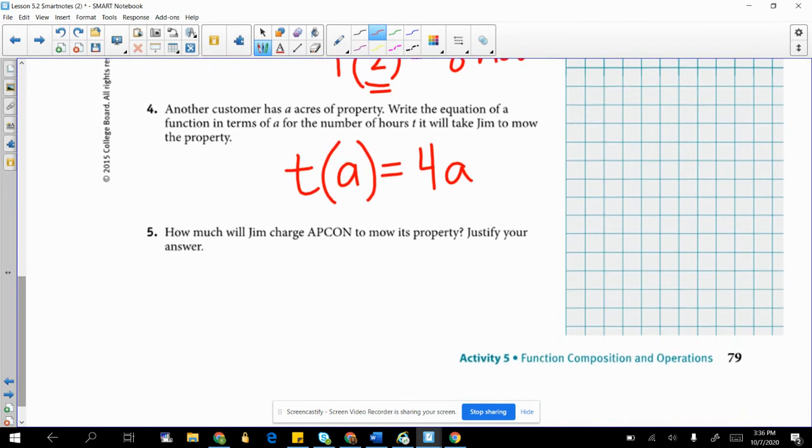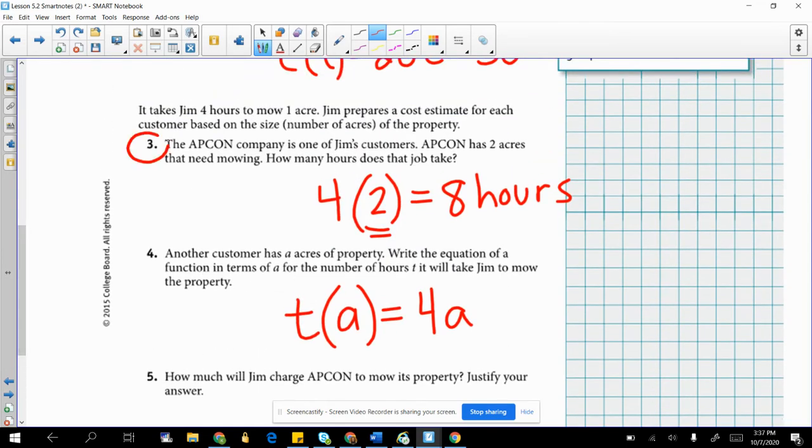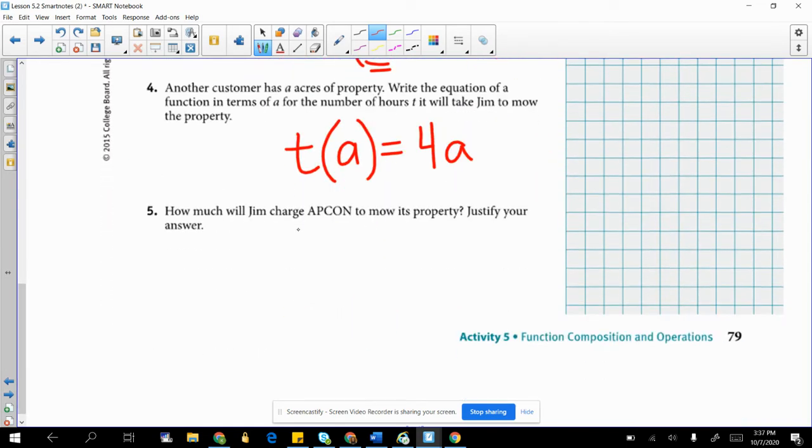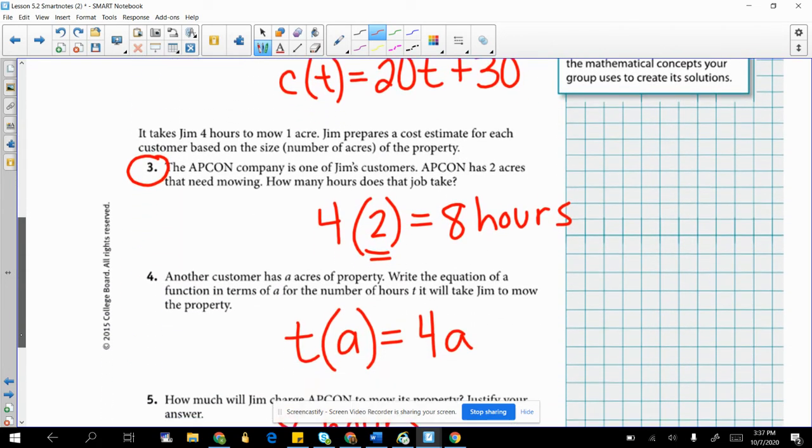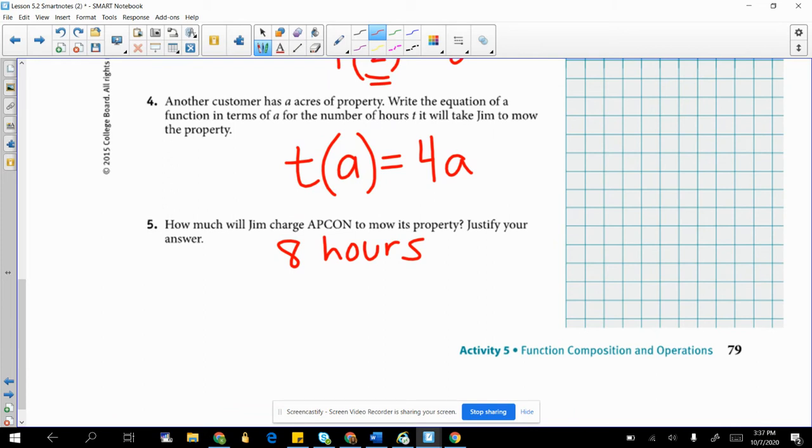Okay, so it says here, how much will Jim charge Apcon to mow its property? Justify your answer. So now we have to kind of think of this, and we first have to use number 3, which remember is 8 hours. And then we have to take that and plug into what we did for number 2, which was that C of T, where T was time.